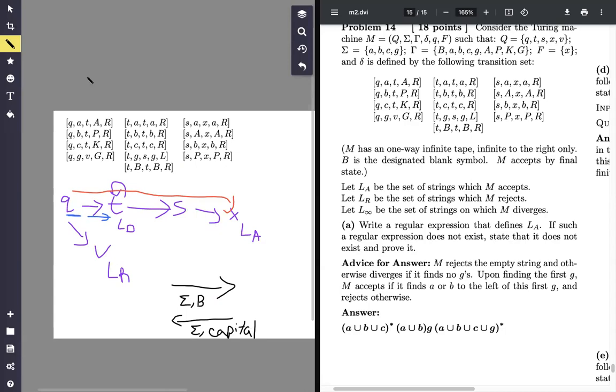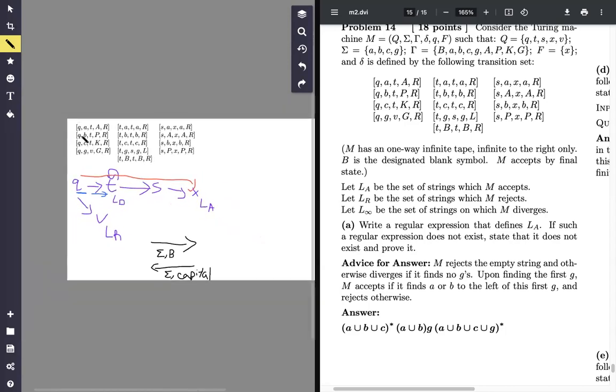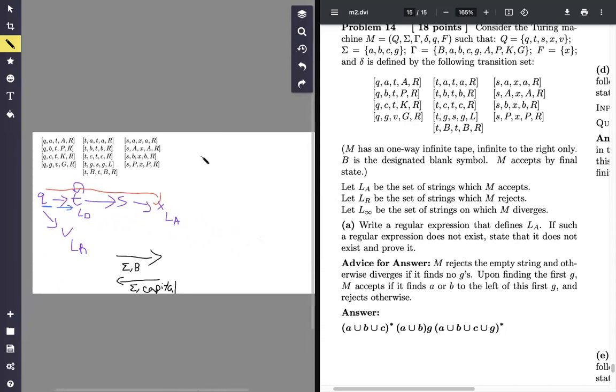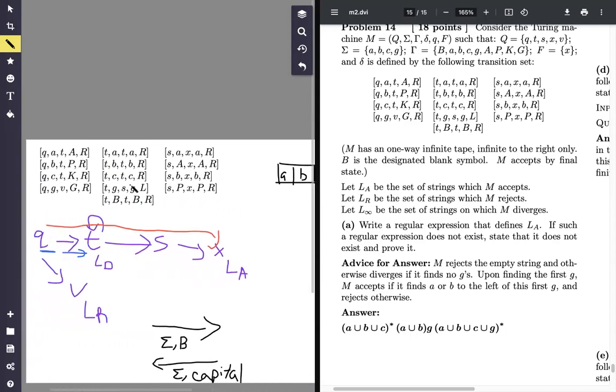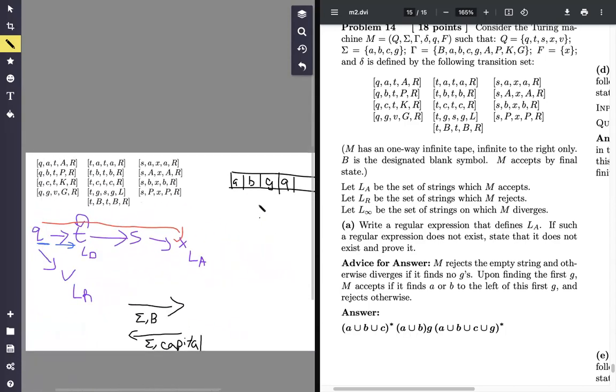I'll explain. Remember in this example here, we wrote a capital letter and then we moved to the right. So if I did this first transition, say my input originally was A, B, G, A. Okay, let's say this is my whole input, and let me start doing transitions.